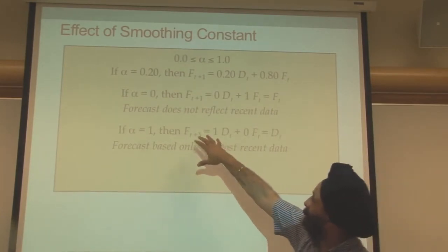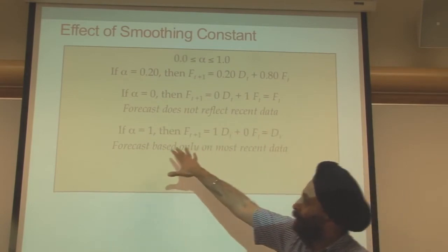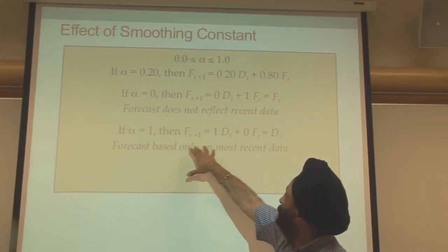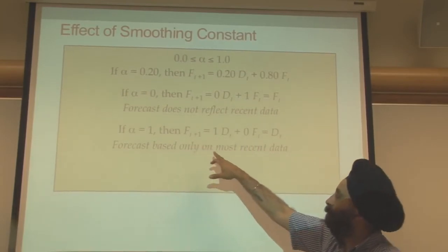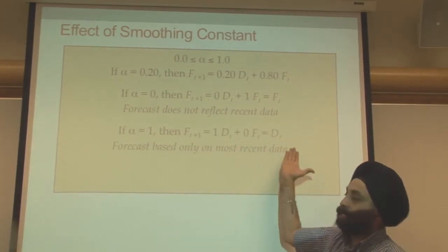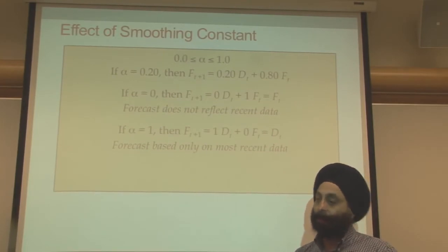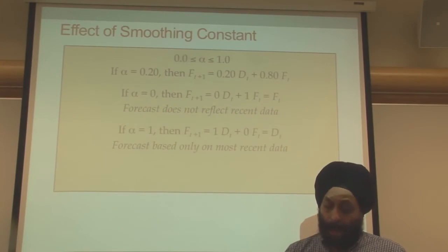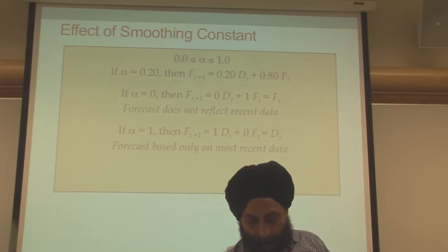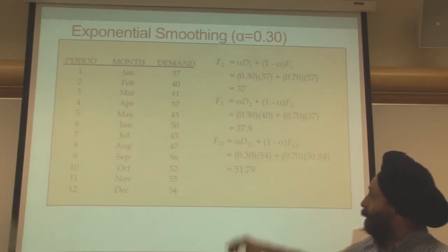So the forecast does not reflect recent data at all. If alpha equals 1, then you cancel out the ft, so your forecast of the future period becomes just dt, the demand of the present period, which is basically the naive forecast that we covered earlier. So those are the simplifications you can check.